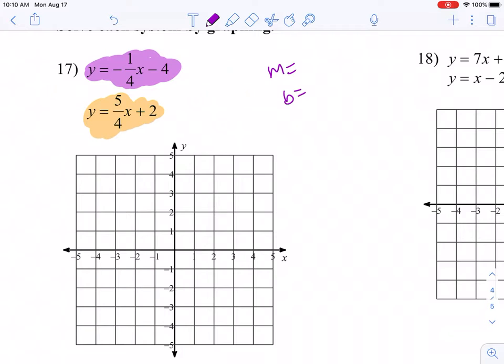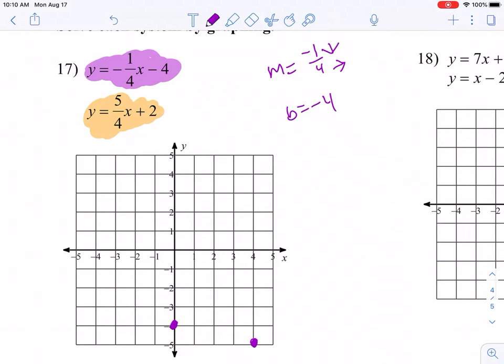So for my purple equation, m is -1/4, which means I'm going down and right, and I'm going to move this just for a little bit of room, b equals -4. If you want to, you could just graph this line right away. So -4 is where we begin. I'm going to count down 1, right 4.